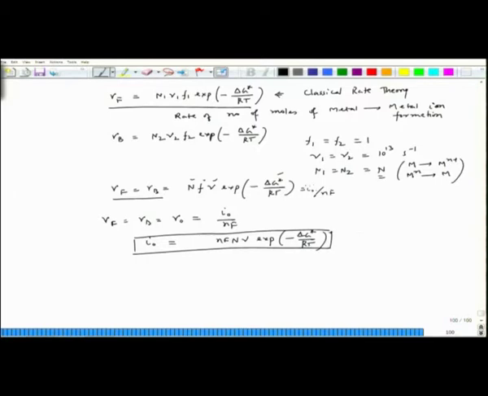This is current density. Our current density, we can relate it to corrosion rate or deposition rate.